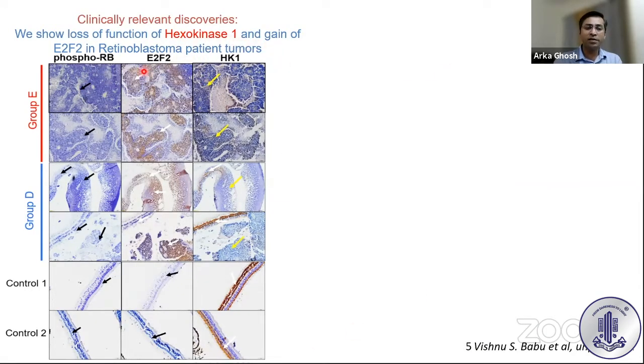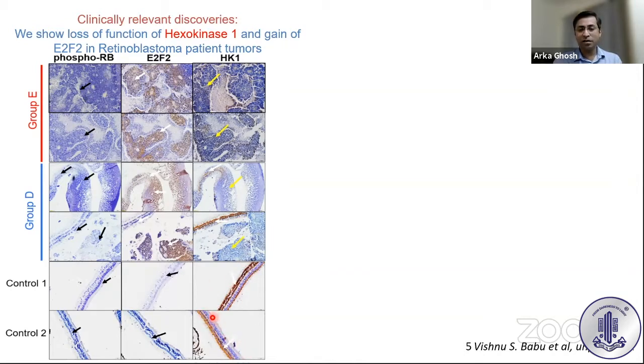So one such gene that we found is called hexokinase 1. And if you look at these immunohistochemistry slides of group D and group E tumors, the brown tells you that there's a lot of that protein. So you can see that E2F, which is the transcription factor that essentially causes the tumors to aggressively proliferate, is upregulated, which is not present in healthy control pediatric retina.